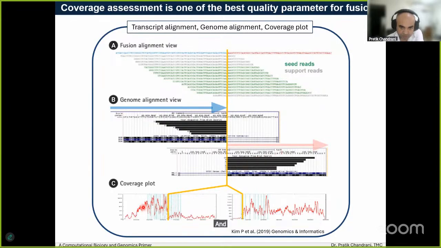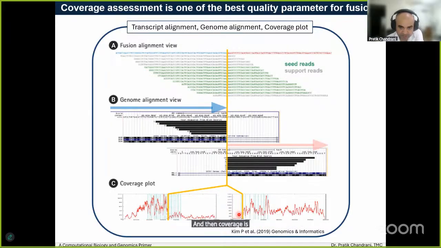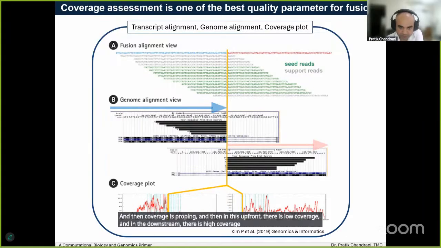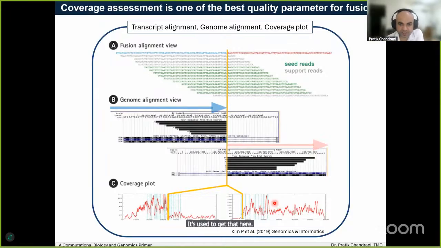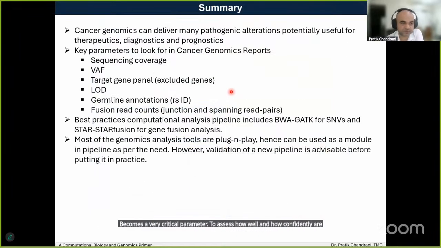And if you make a coverage plot, this is how it looks. There is high coverage in the upstream of the gene, and then coverage drops. Then in this region there is low coverage, and in the downstream there is high coverage. So the upstream of this gene and the downstream of the other gene are shifted together here. So this coverage and read count of the fusion junction becomes a very critical parameter to assess how confidently you are identifying a gene fusion.